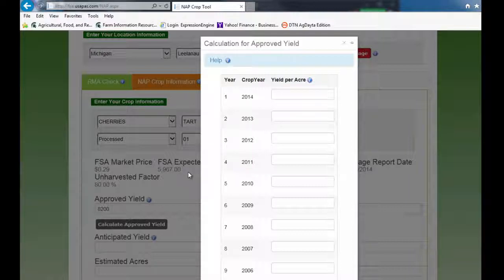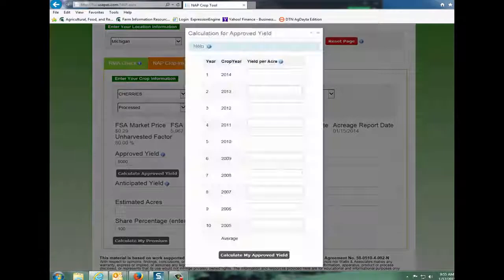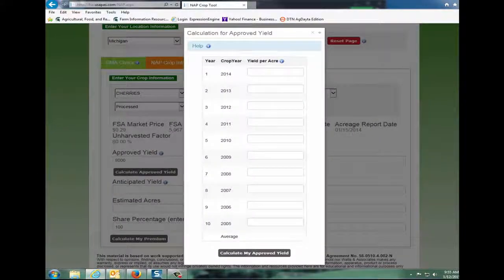If you do have your yield history, we'll do it in the following manner. And this number here comes up where you can fill in your data. So we're going to fill in this data here with an actual example from Leelanau County, and it will calculate it. This calculation is close enough to make your decision on.